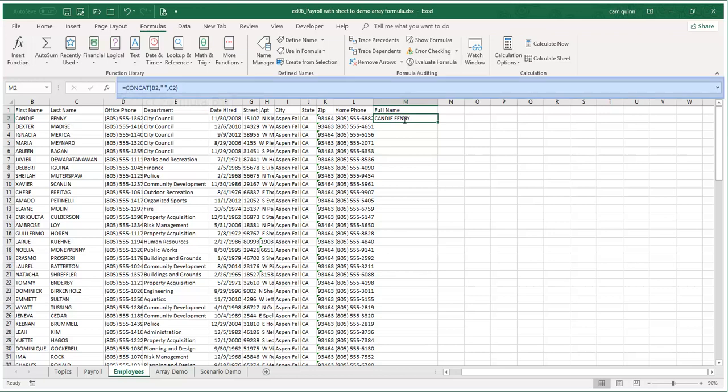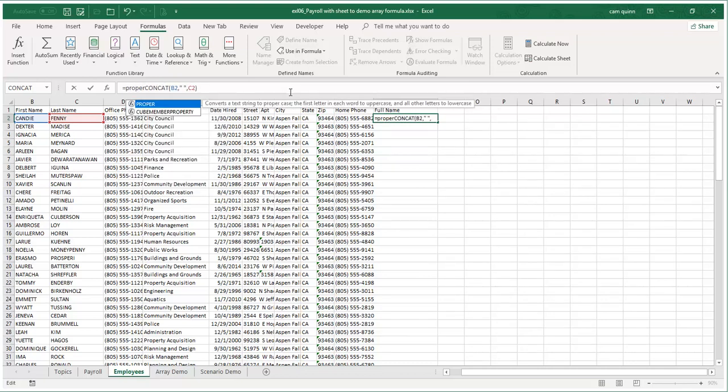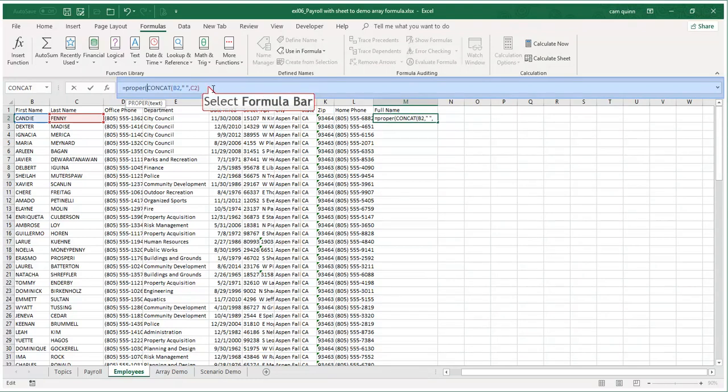In this case, the simplest way is to put your cursor up in the formula bar, and in between the equal sign and the C of concatenate, type in PROPER bracket, and then go to the end of the function and put in another bracket.